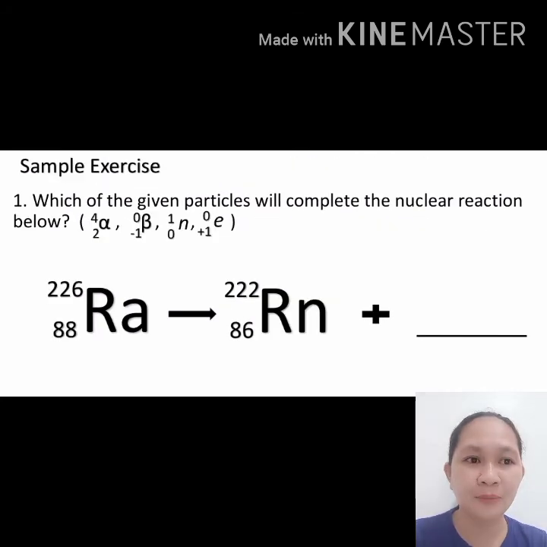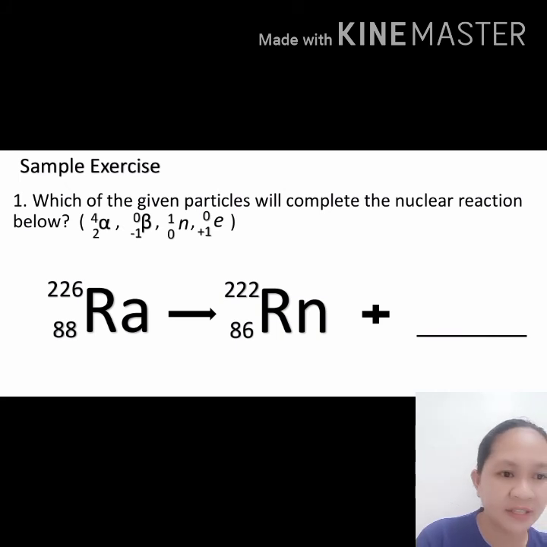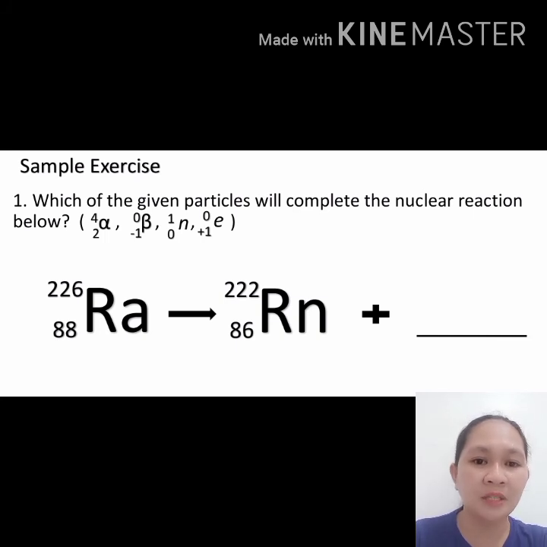I have here a sample exercise. Number 1, which of the given particles will complete the nuclear reaction below? Sa ating sample exercise, ang ating element is Ra. Ra is number 88 at ang number 88 is radium. So, meron tayong super subscript na 226 at subscript of 88 or atomic number of 88. Yung ating Ra ay naging Rn.